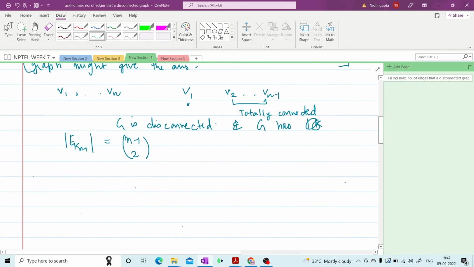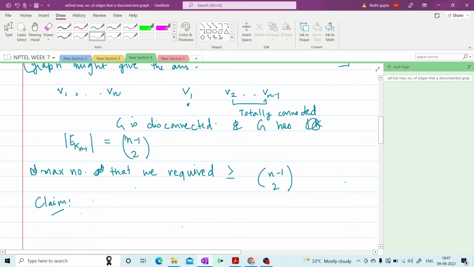So we see that the maximum number that we required is greater than or equal to (n minus 1) choose 2, because we are able to construct a disconnected graph of n vertices with (n minus 1) choose 2 edges. Now the claim is, this is the answer.